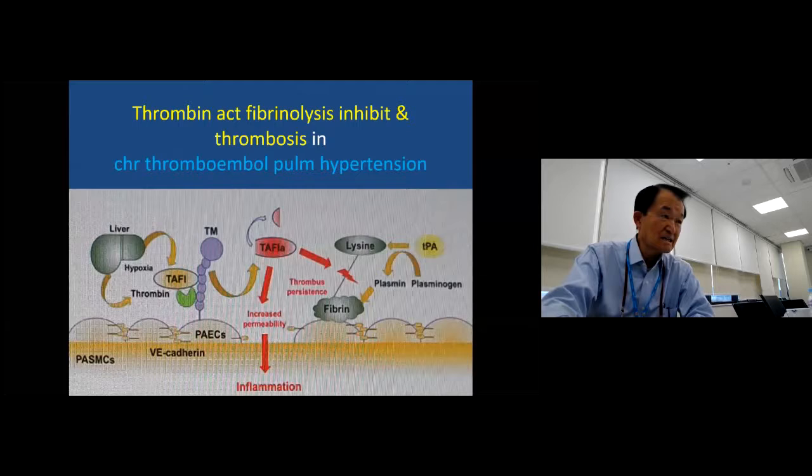Chronic pulmonary hypertension also requires a lot of factors. Okay, and then increased permeability with many factors, and then inflammation can trigger things.